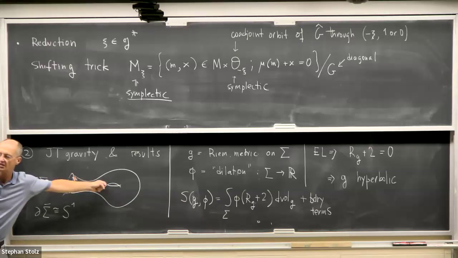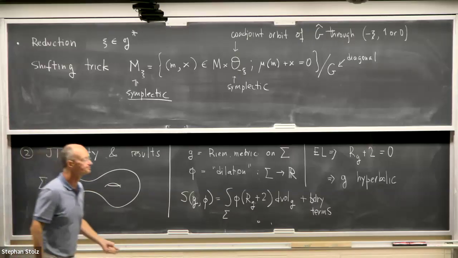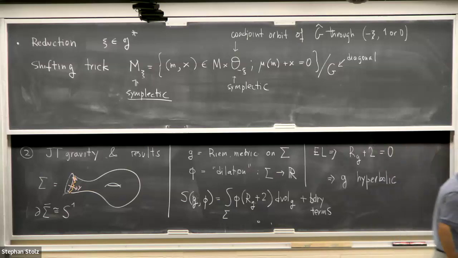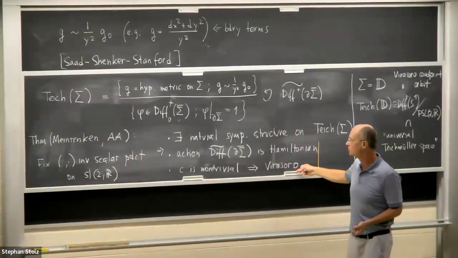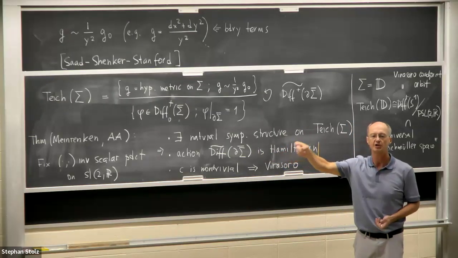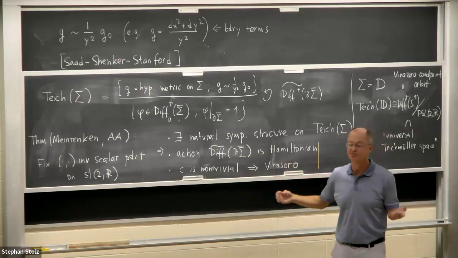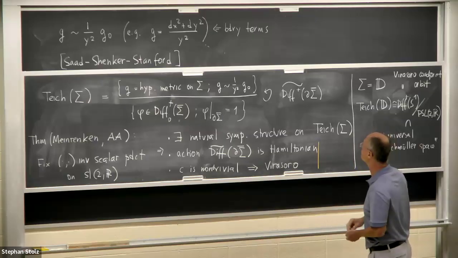That's the physics way of talking about it. And our current take on this duality is these two statements. There is a Hamiltonian action, and there is a non-trivial central extension, and that central extension is Virasoro. So that's how we translate it for now for ourselves.